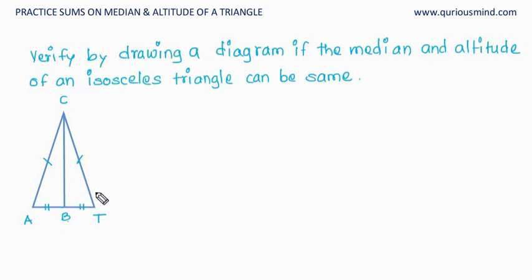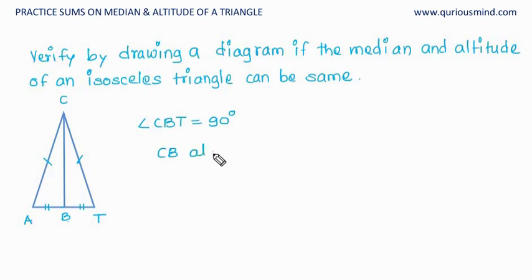Now what you can do is measure the angle CBT. If I measure the angle CBT, I get a measurement of 90 degrees, which means CB is also making a right angle with AT, and that is an indication that CB is also an altitude.